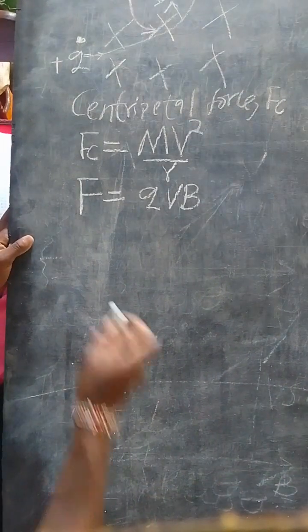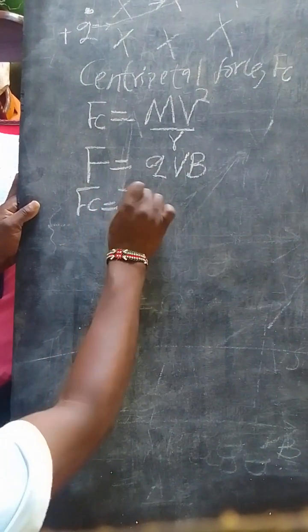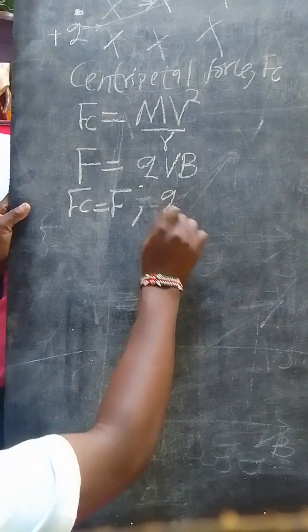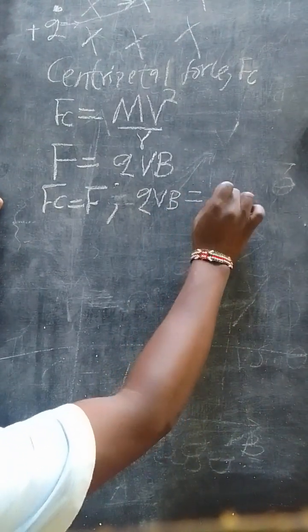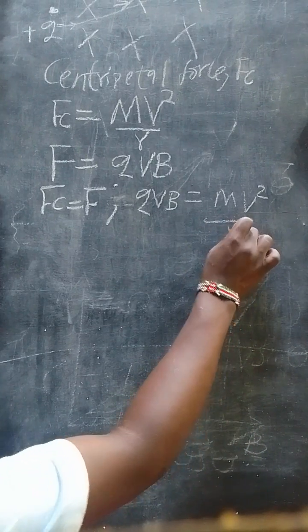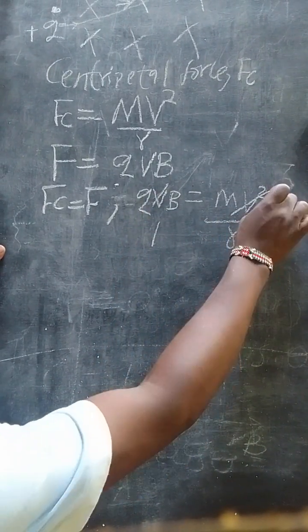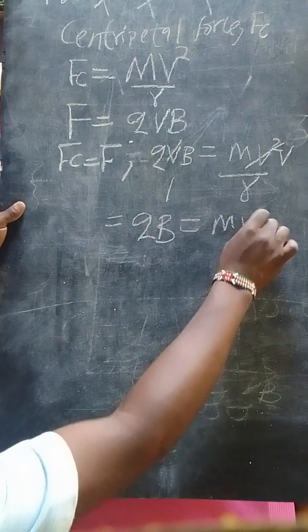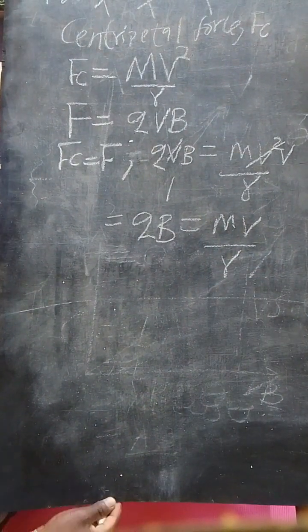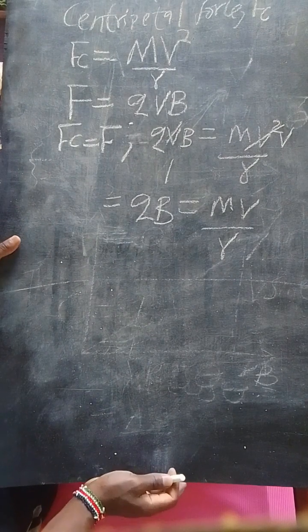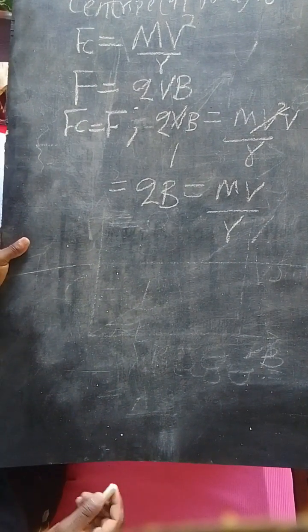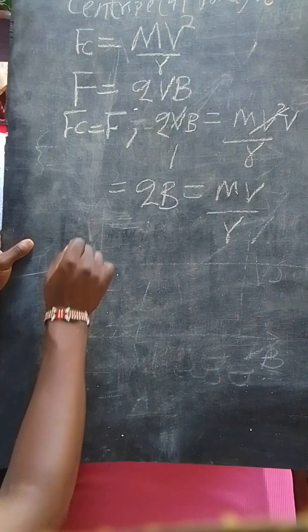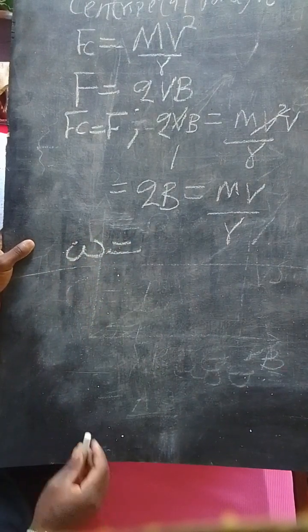Now these two forces are equal, so QVB will be equal to MV squared over R. Now V can cancel here once and here, so we'll have QB equal to MV over R. But remember the angular velocity of a particle moving in circular motion, we have angular velocity or angular frequency.